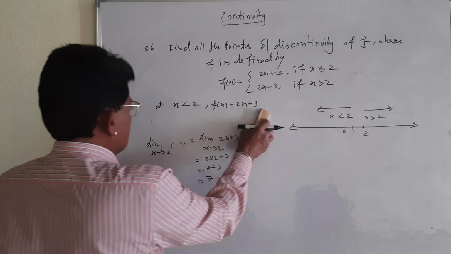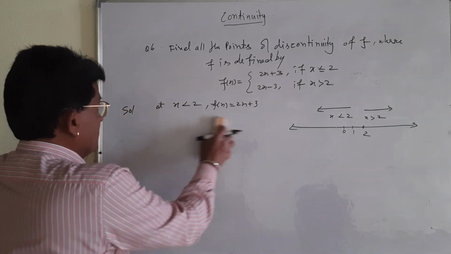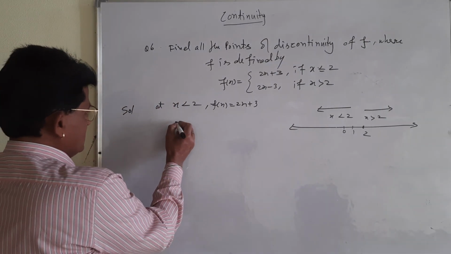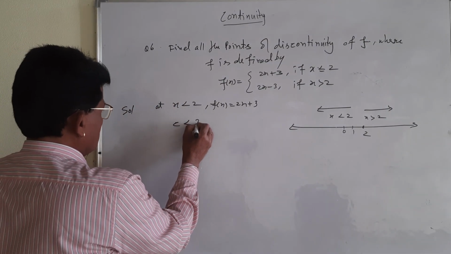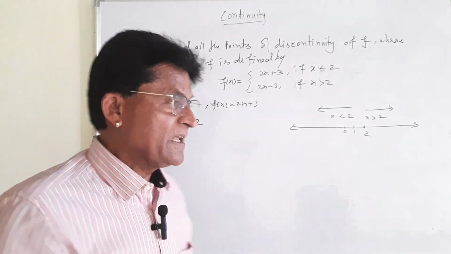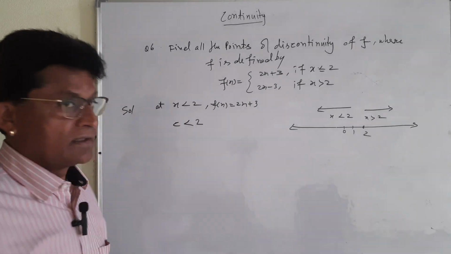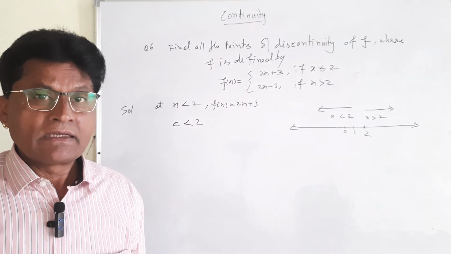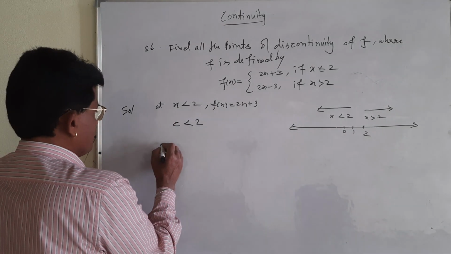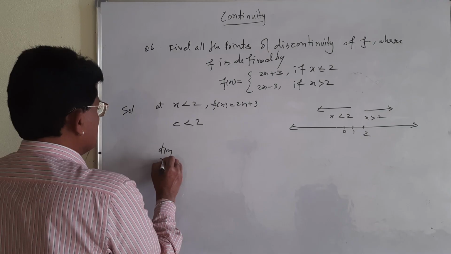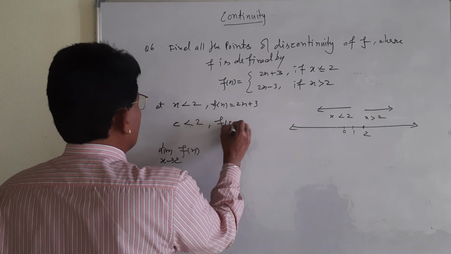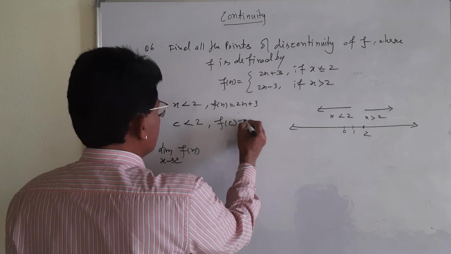Let me take one standard case. If it is less than 2, I will take the standard case, that is c, where c is less than 2. In place of x, you will write c. Let me take the limit x tends to c of f(x), and f(c) will be equal to what? In place of x take 2c plus 3.